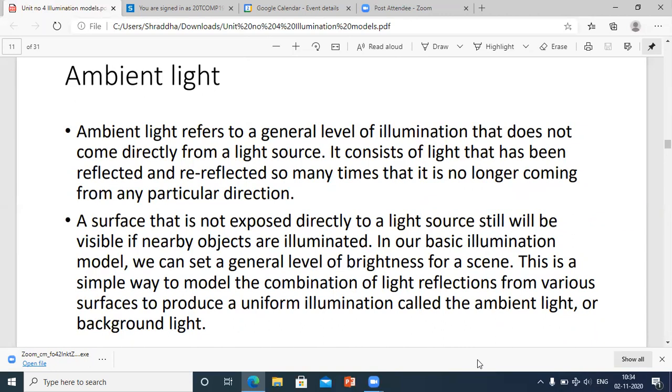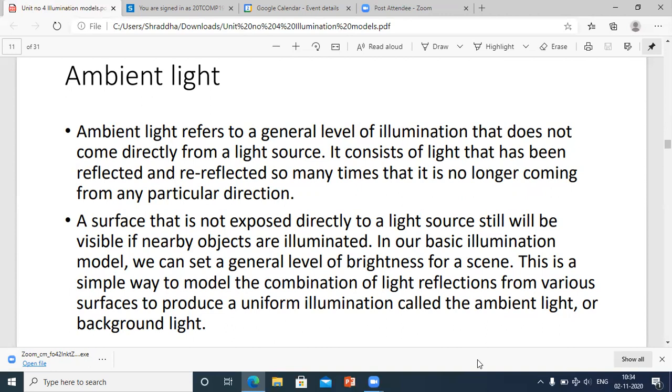As I told you in the previous PPT, the objects that are not exposed to a direct light source will still be visible. Then in our basic illumination model, we can set a general level of brightness for a scene. This is a simple way to model the combination of light reflections from various surfaces to produce a uniform illumination called the ambient light or background light.